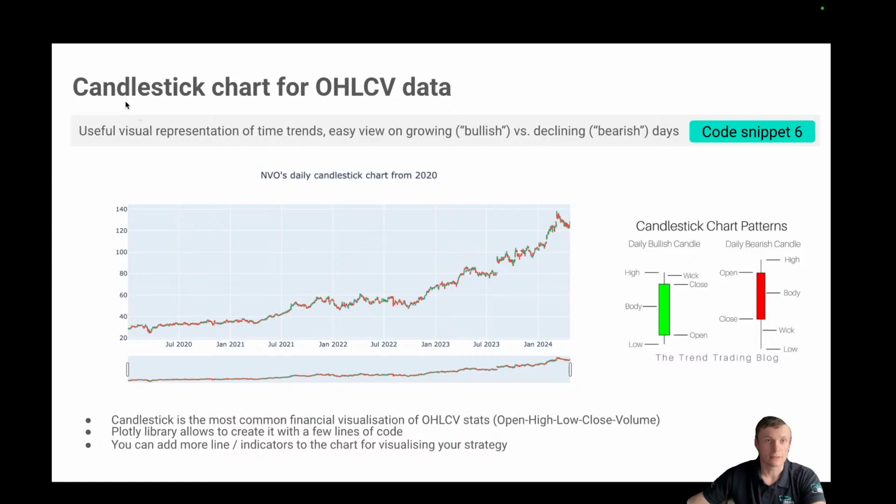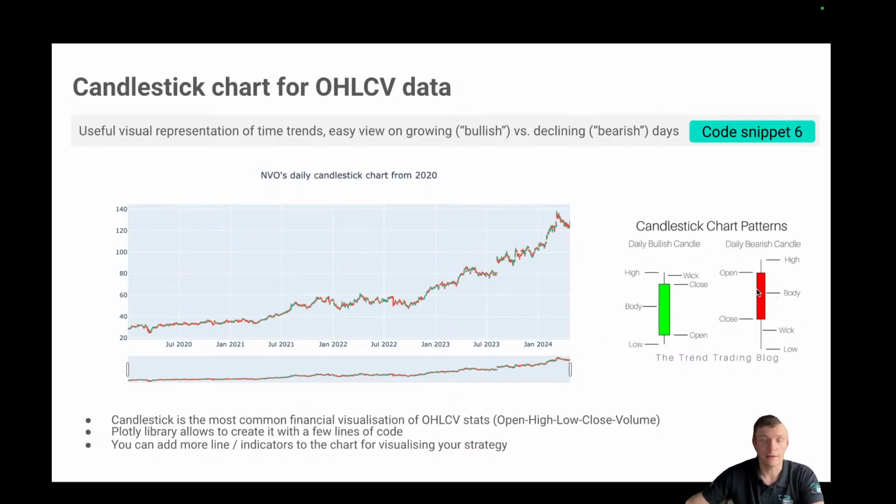It's called candlestick, and here you can see two types of chart patterns. They are green if during that period there was growth, and the size of a candlestick actually represents the low, open, close, and high values that happened in that period.